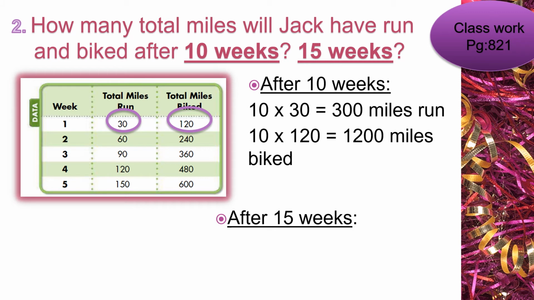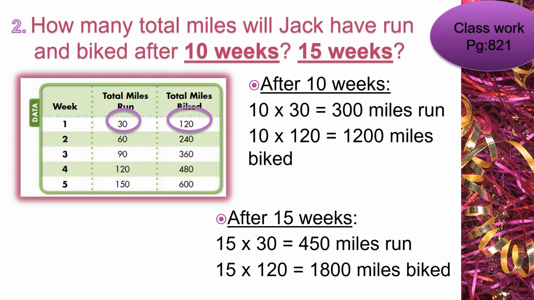So what do I need to multiply? 30 with 15. So 30 times 15 gives me 450 miles he ran. Now for bike what do I need to multiply? Yes, I need to multiply 120 with 15. So it gives me 1800 miles he biked.